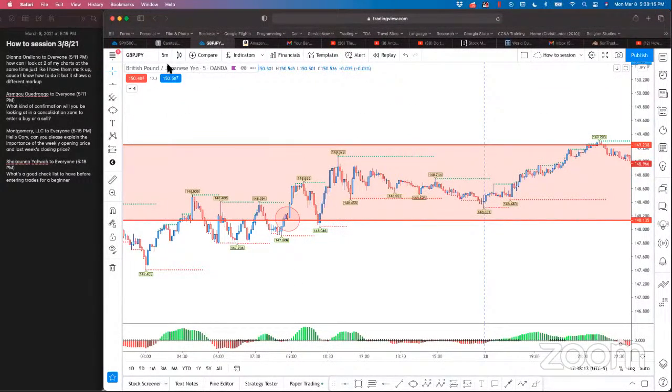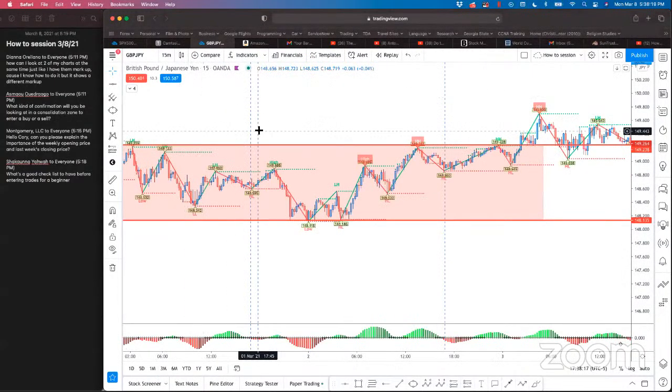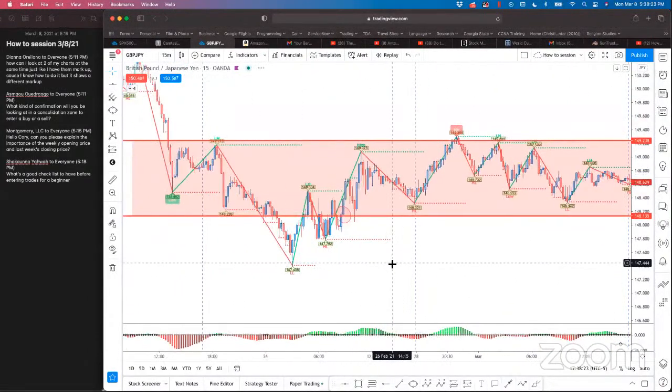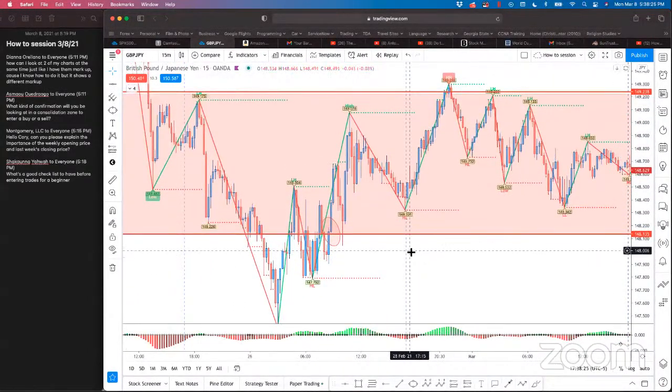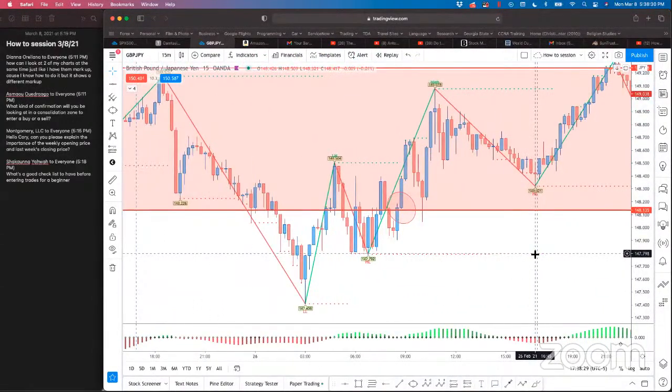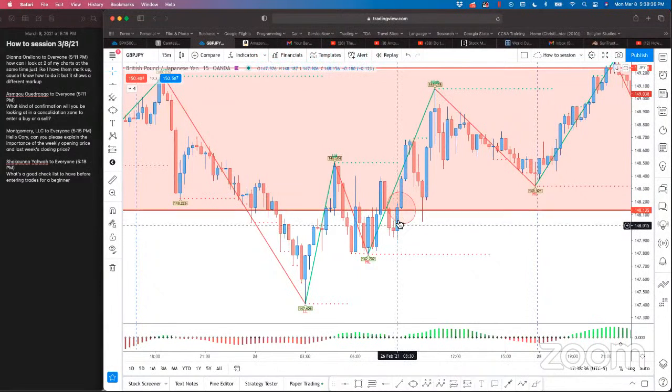So in this case, let's check out the 15-minute at this same spot. What I like to see with all of my trades is a 50% entry. I like to see impulse candles, and then I like to see that impulse candle have 50% of the candle taken out.